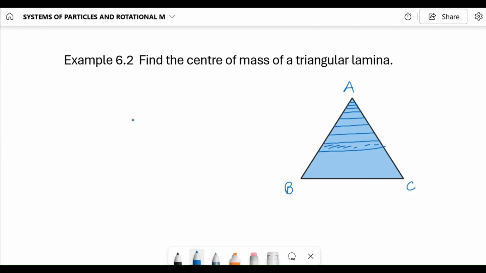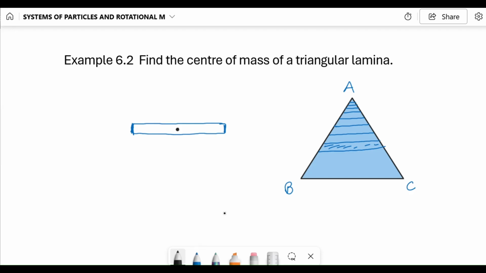We can take one strip here to analyze the situation. This is a very fine, very narrow strip, so that we can consider these sides to be almost straight. In this case, where will be the center of mass? The center of mass should lie just here in the middle of the strip.